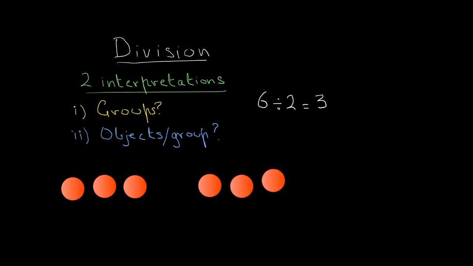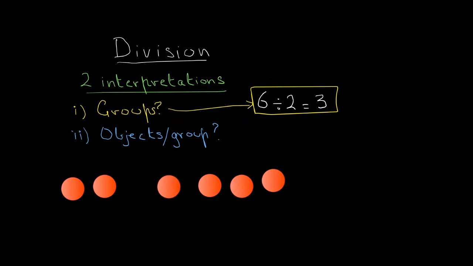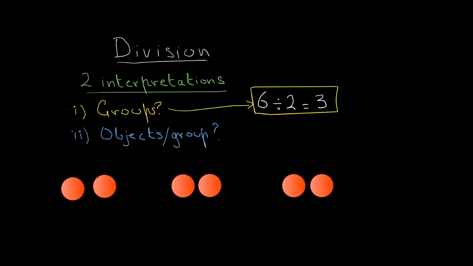So when I'm thinking about the groups interpretation, what this means is that I know that there are 2 objects per group. There are 6 objects, and I know there are 2 objects per group. So the question is, how many groups are there? And the answer is 3.